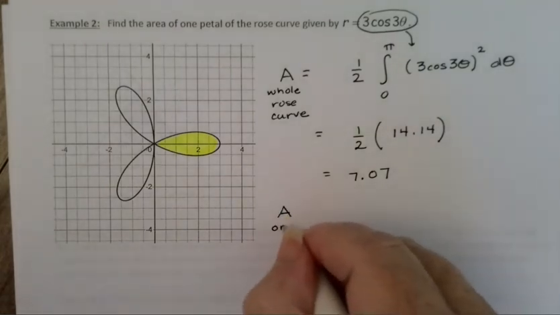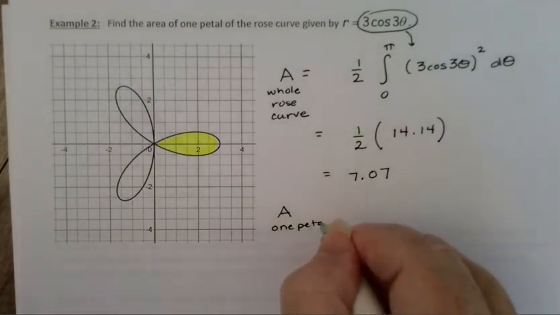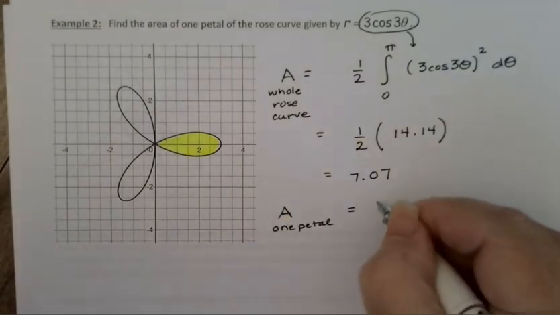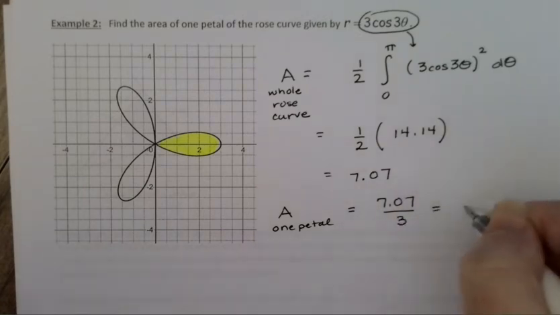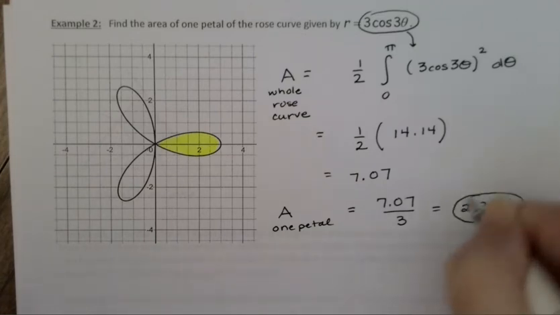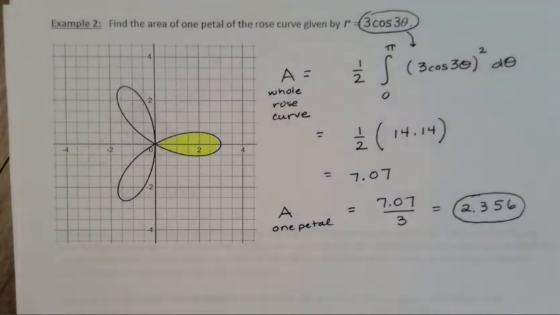So the area of just 1 petal, all I have to do is divide that by 3. Which gave me, I was keeping a lot more decimal places than this in my calculator along the way, by the way, 2.356 is what I got when I divided my calculator value by 3.